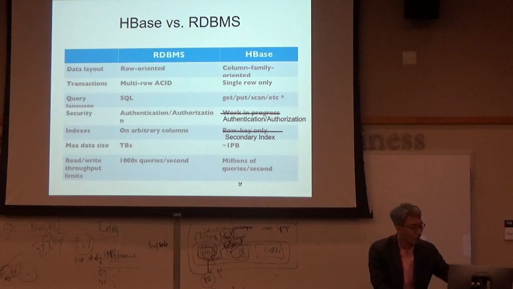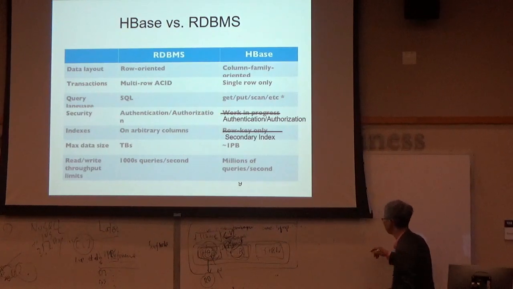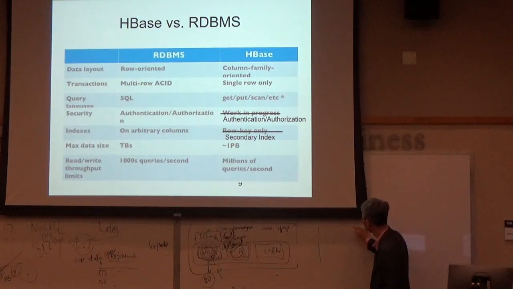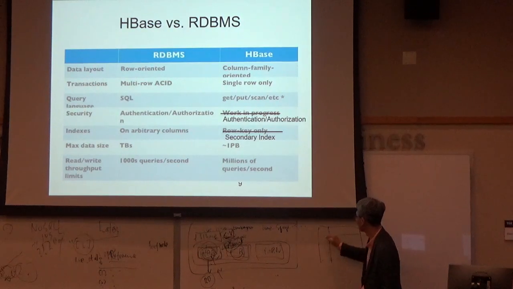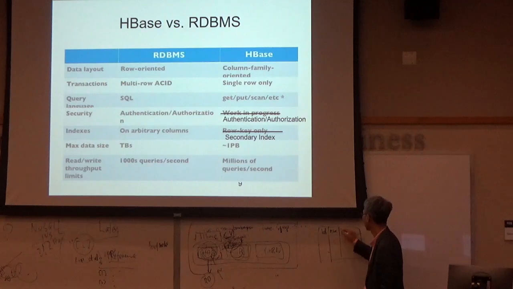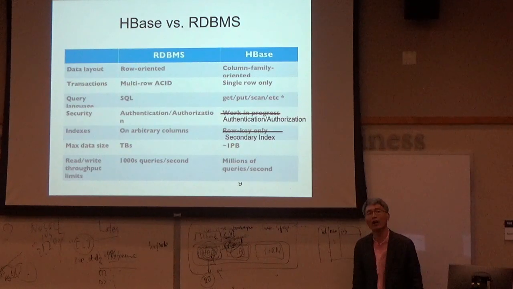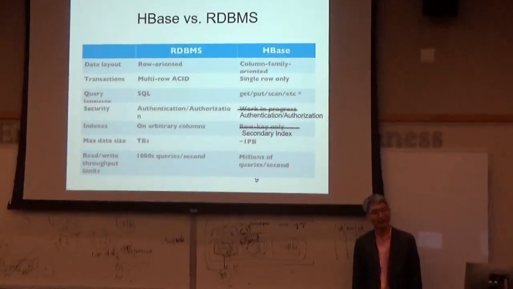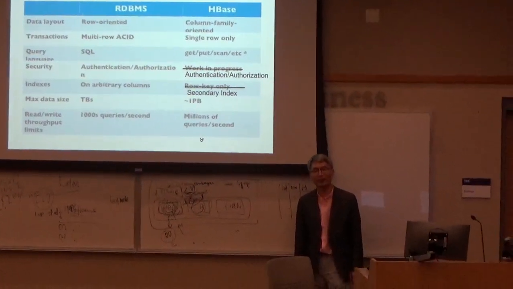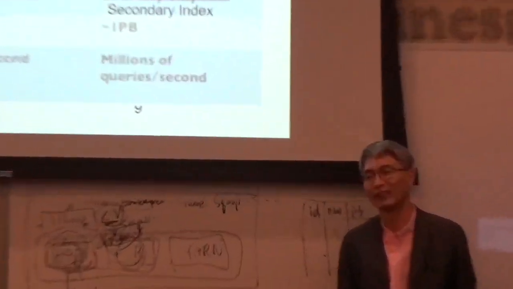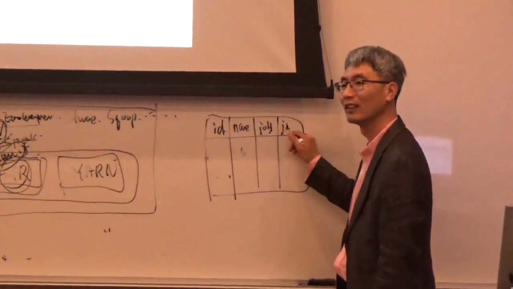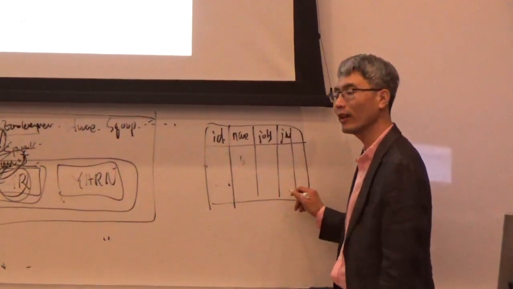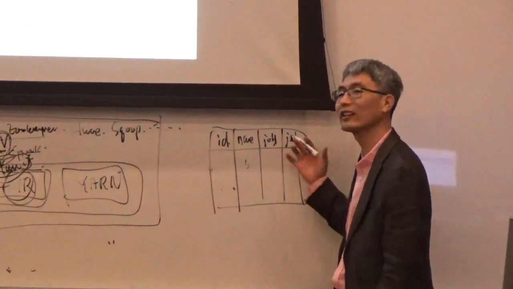The meaning of column-based: ID and name, job. What if I have two jobs in the relational database? Job 1 or job 2? Or what if 3 jobs? Do I create another one?